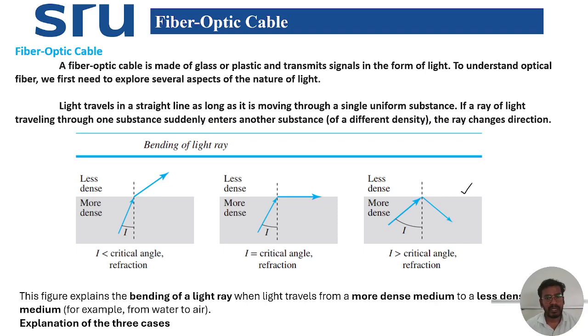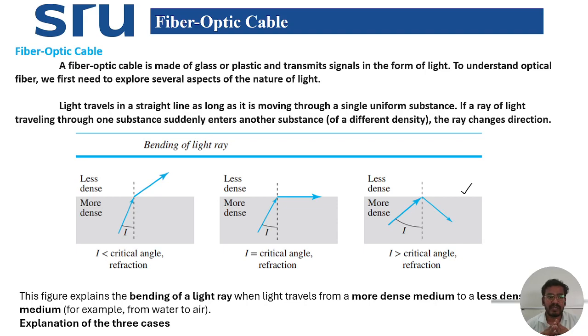Coming to fiber optic cables, a fiber optic cable is made of glass or plastic that transmits signals in the form of light. To understand optical fiber, we first need to explore several aspects of the nature of light. Light travels in a straight line as long as it moves through a single uniform substance.